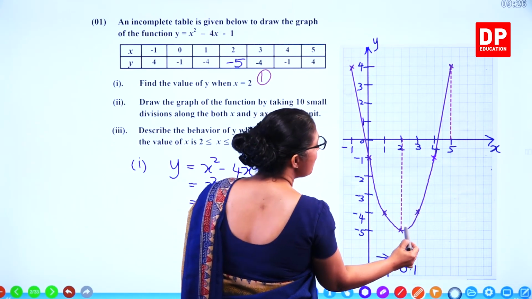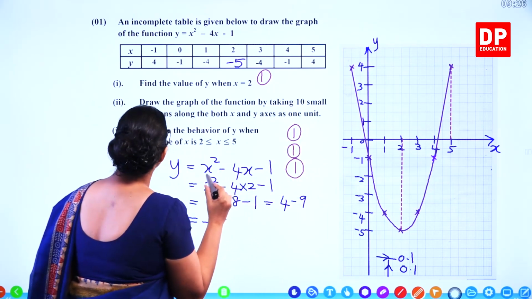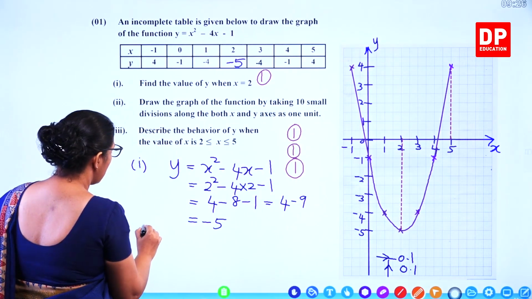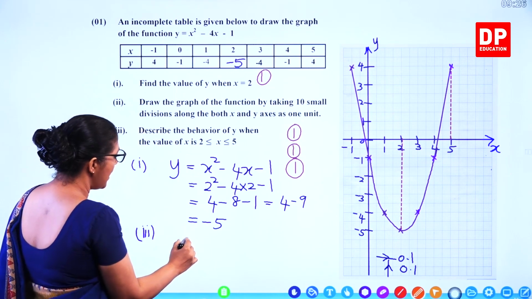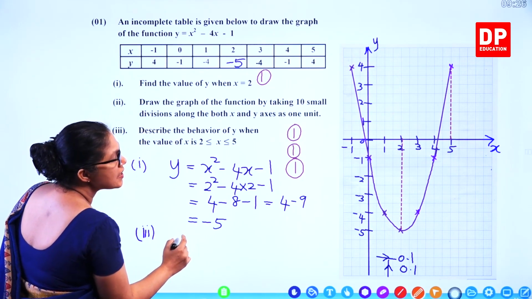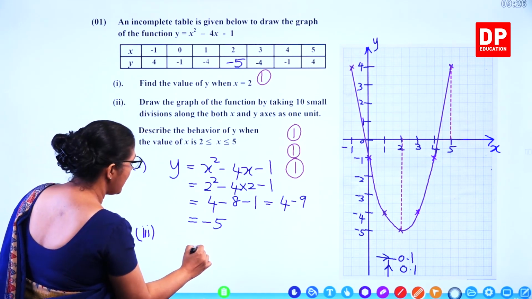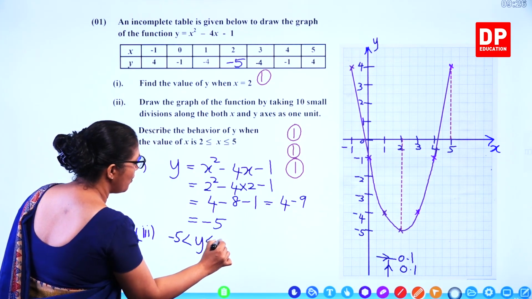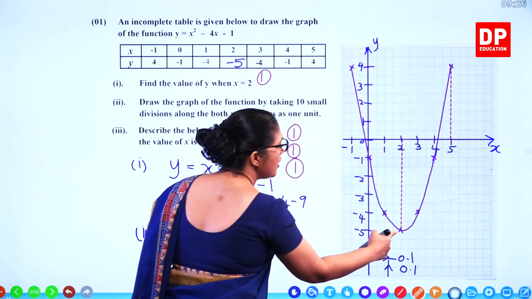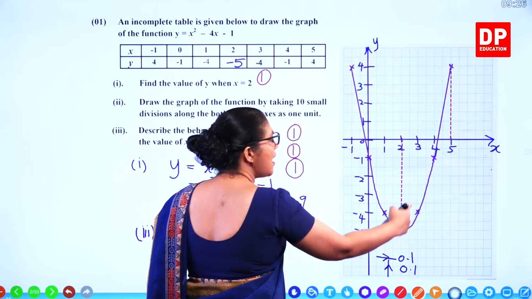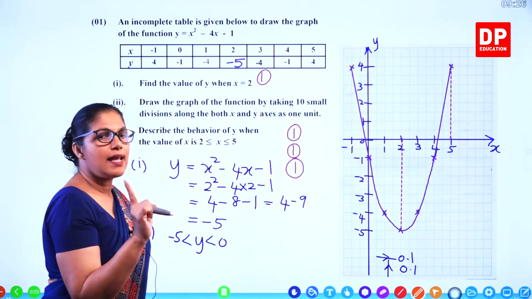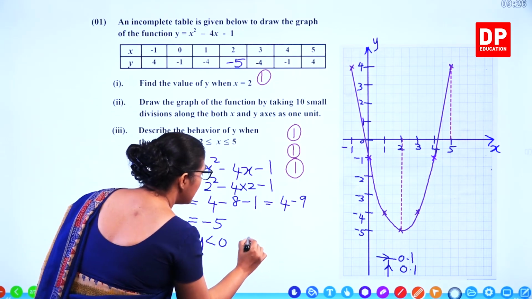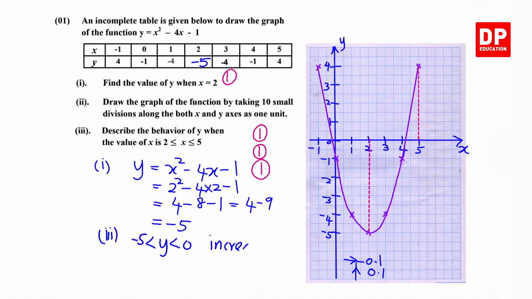Y from minus 5 to 0. What can you write? Y is between minus 5 and 0 here to here. It's increasing negatively.